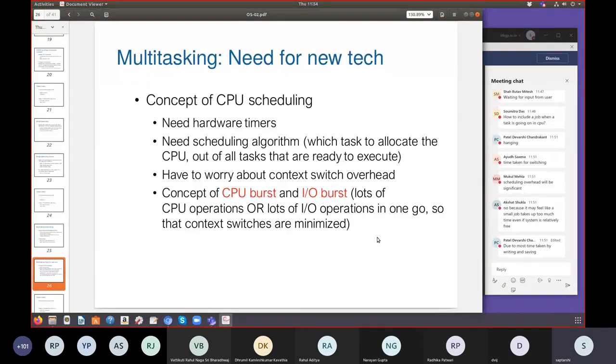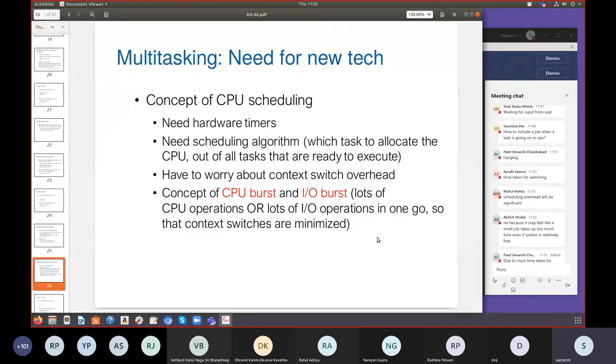A better design would be if your program is written such that once it gets the CPU, it does a lot of operations on the CPU, and then it asks for IO, and when it asks for IO, it does a lot of IO. That's the concept of CPU burst and IO burst. If you get some resource, utilize it as much as possible. So lots of CPU operations or lots of IO operations in one go, so that the context switches are minimized.